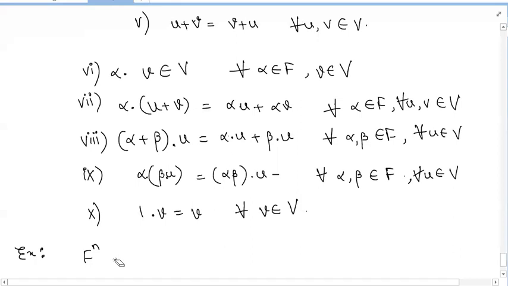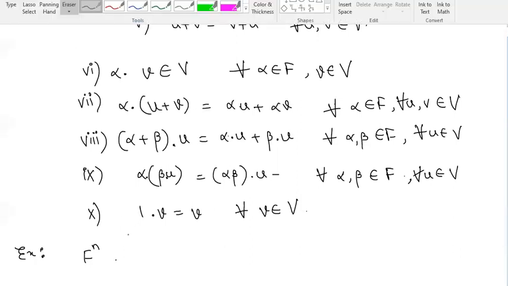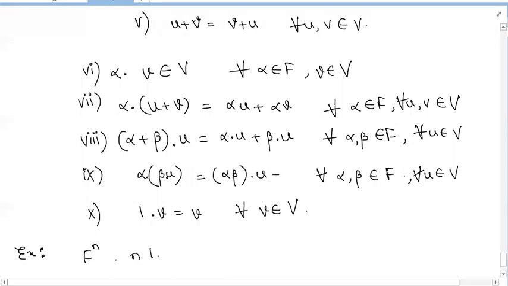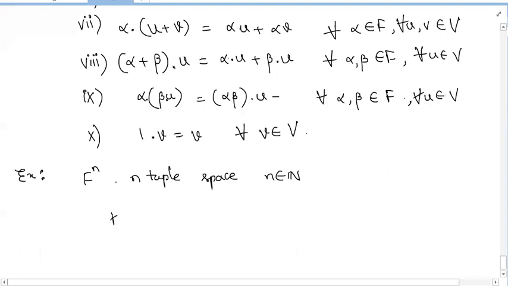F^n is the n-tuple space, defined like R^n: if F is equal to R, F^n is R^n. How do you define F^n? F^n is equal to the set of (x1, x2, and so on up to xn), where x1, x2, so on xn belong to F.